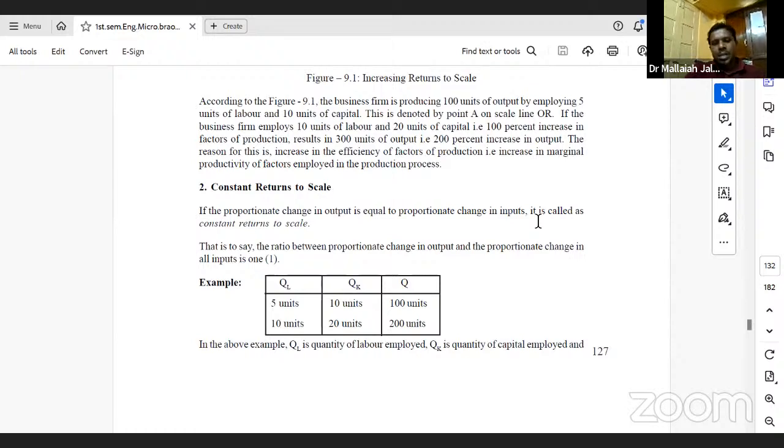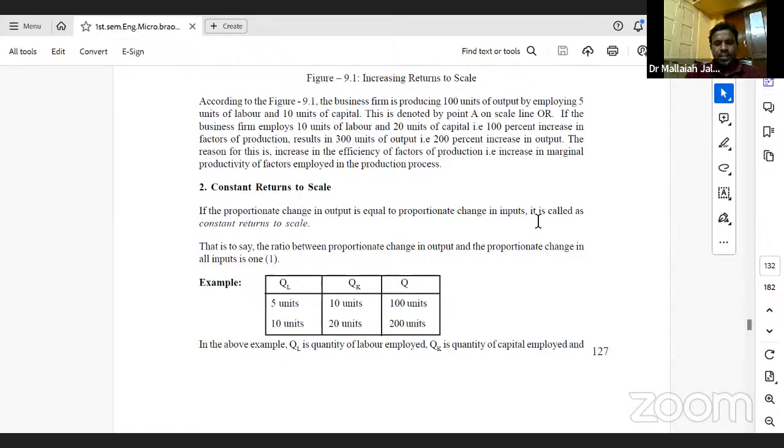See, for example, here it is clearly mentioned 5 units of labor and capital is 10 units. From these two, how much we are getting output? 100. If we increase this double, labor is 5 to 10 units of labor and capital is 10 units to 20 units.